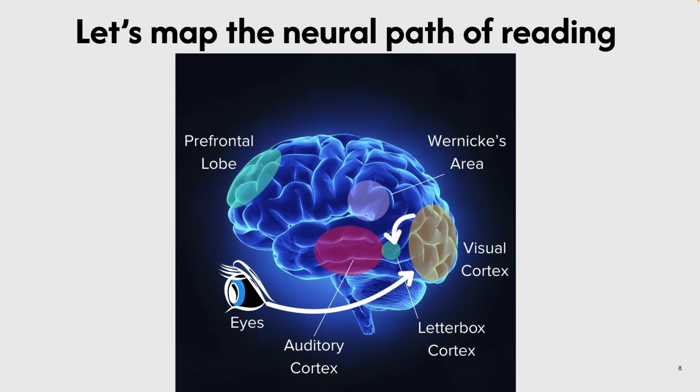It looks at the letters in a word and calculates the likely grapheme to phoneme correspondences. So it has this GPC database, and it will pass the phonemes that it thinks are in that word to the auditory cortex. So now we've gone from a visual signal to an auditory signal, and you should begin to actually hear the sounds of the words in your head. There should be a little voice in your head as you read.